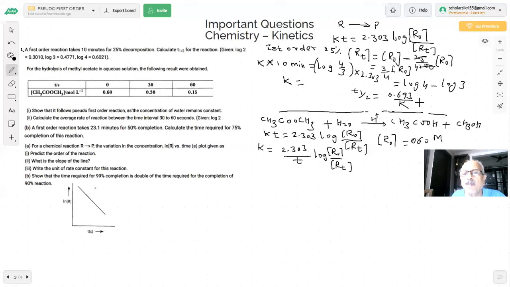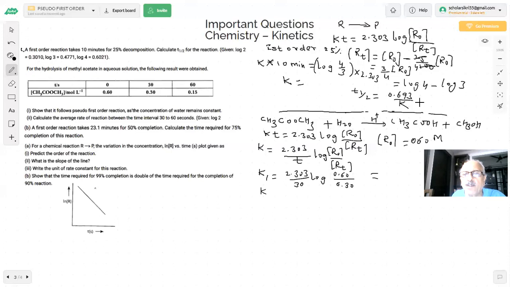So if I find k1 equal to 2.303 at 30 seconds, then you have log of 0.60 always, and at 30 seconds the value is 0.30. So you can find the value of this.